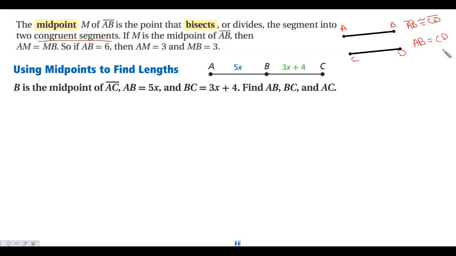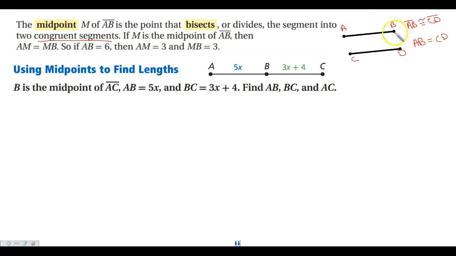Okay, so this is going to be a really important distinction between the two. All right, you need to know segments, angles, other shapes that we're going to get to. Those figures are congruent, okay? Geometric figures are congruent. Lengths of the segments are equal. So you need to make sure you're using the right symbol at the right time.